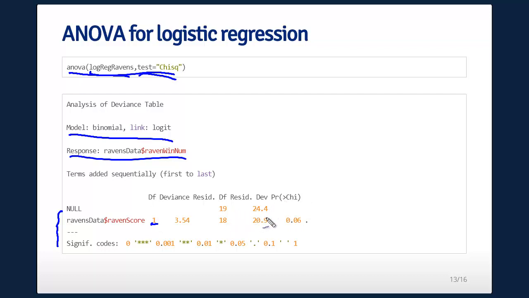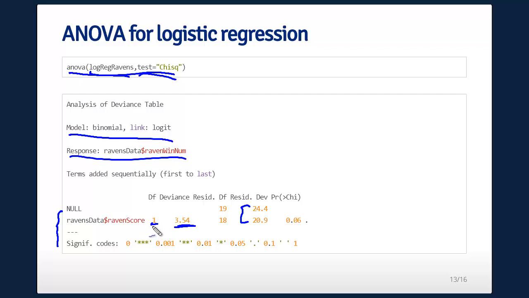The residual deviance, if subtracted, is going to give you the deviance. So if you subtract those two numbers, that's going to give you that quantity. That's how you compare deviances: you take a smaller model and subtract from it a larger model.